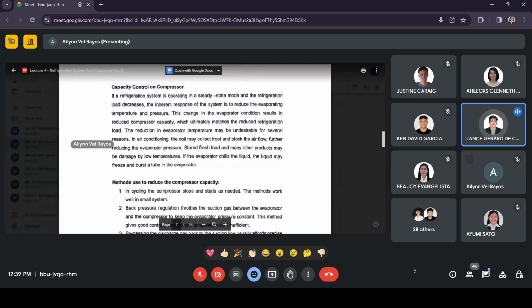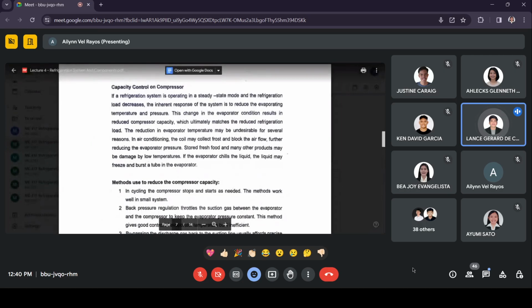Okay. Capacity control on compressor. If a refrigeration system is operating in a steady state mode and the refrigeration load decreases, the inherent response of the system is to reduce the evaporating temperature and pressure. This change in the evaporator condition results in reduced compressor capacity, which ultimately matches the reduced refrigeration load.